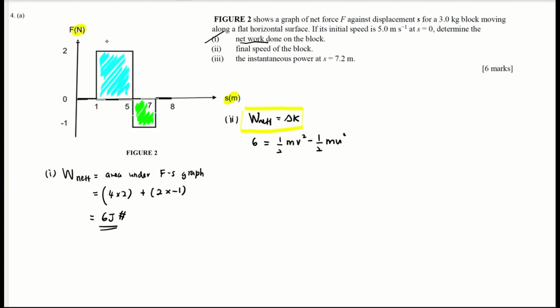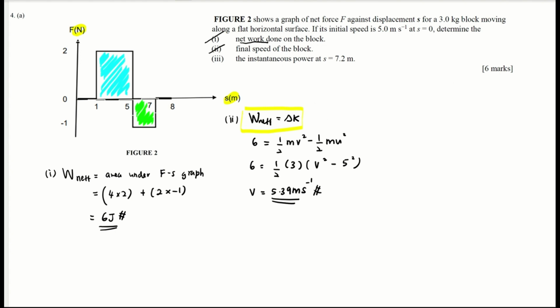U is given, so we can just substitute where M is equal to 3 kg, V kita nak cari, minus 5 squared. Based on this equation, finally V is equal to 5.39 meter per second. Jadi kena ingatlah bila ada soalan, dia kira work, and then lepas tu dia minta kita kira final speed, kita mesti kaitkan dengan work energy theorem where net work is equal to the change of the kinetic energy.